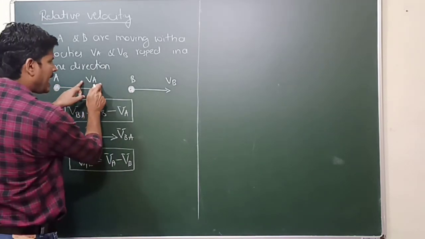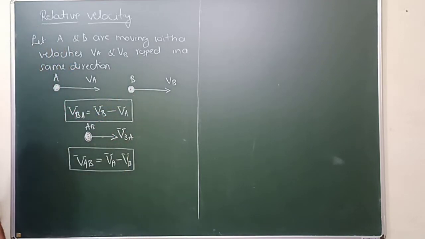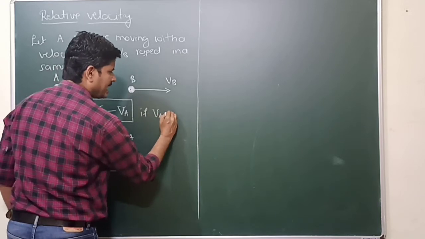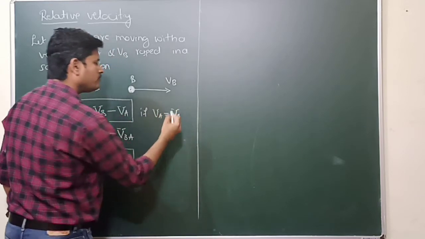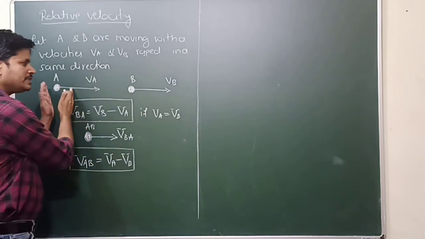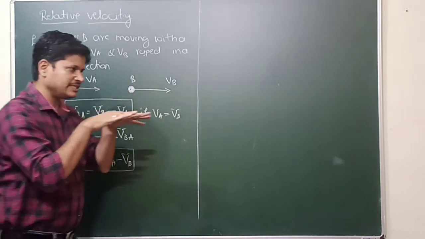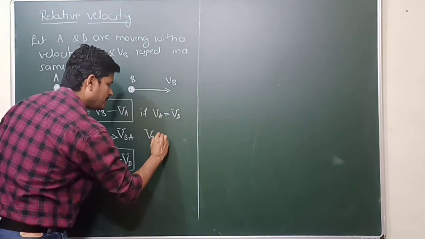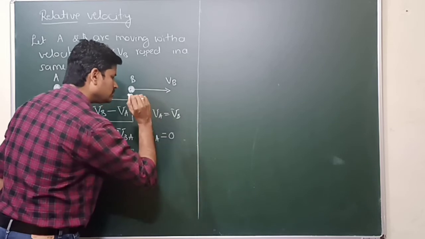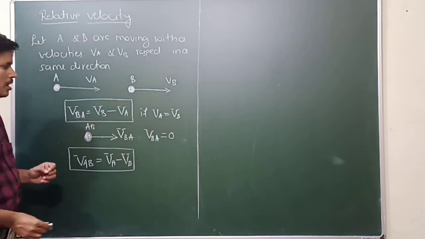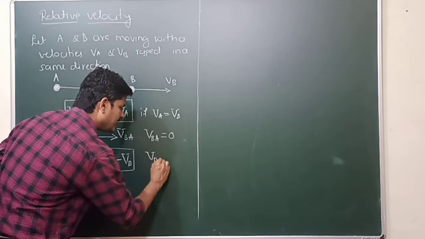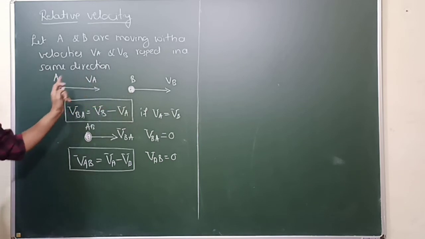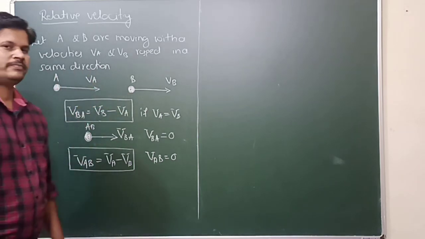If VA is equal to VB, that means object A and object B are moving with the same velocity, then VBA is equal to 0. The relative velocity is 0, or VAB is 0 with respect to each other. Correct? Is it right?